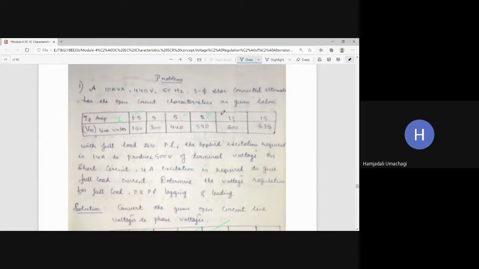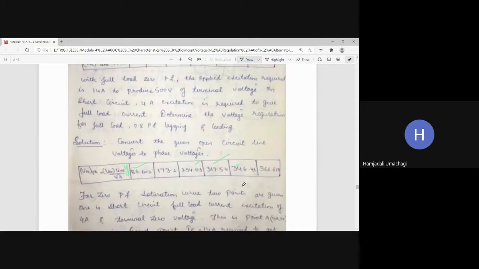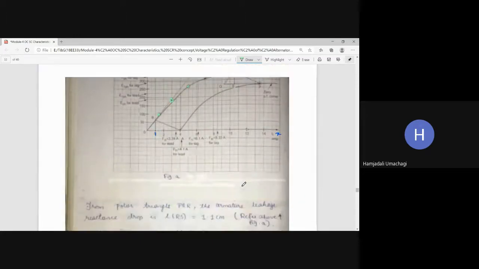And for 11 ampere excitation, the voltage is 346, somewhere here.